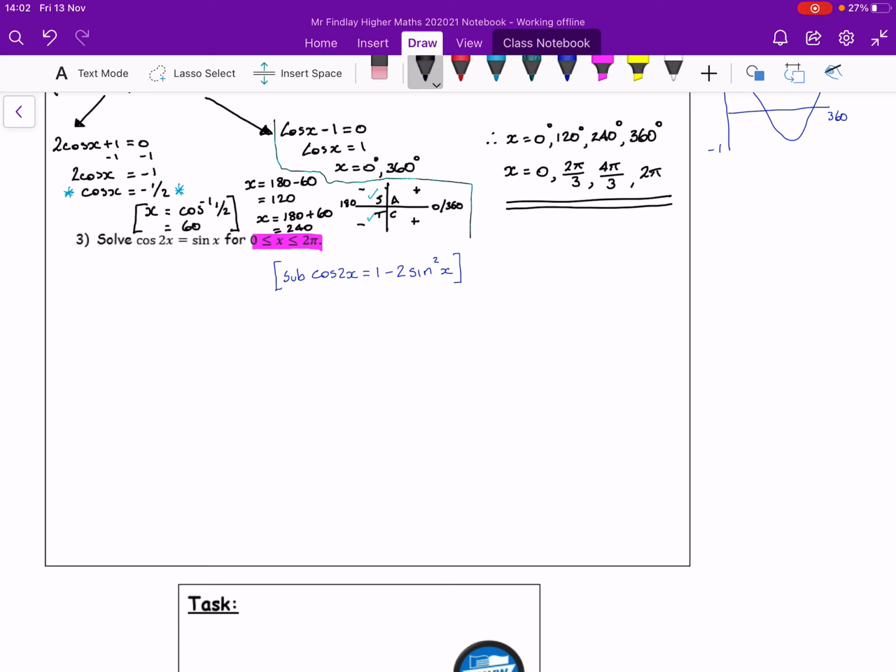Okay, so what we've got is 1 minus 2 sine squared x is equal to sin x. Again, this time I'm going to take everything over. 2 sine squared x plus sin x minus 1.